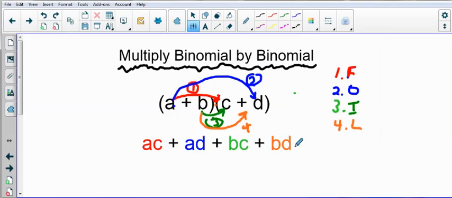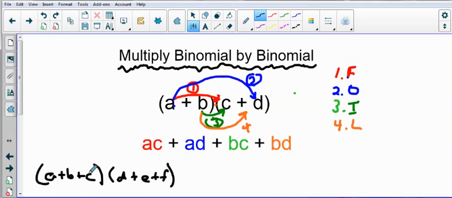Now, here's the problem with FOIL. FOIL works great if it is a two-term times a two-term. Where you run into problems is if you ever see something like a plus b plus c times d plus e plus f. If you try to FOIL this, it will not work. That's why I don't recommend FOIL, because I just look at it as repeated distributive property.